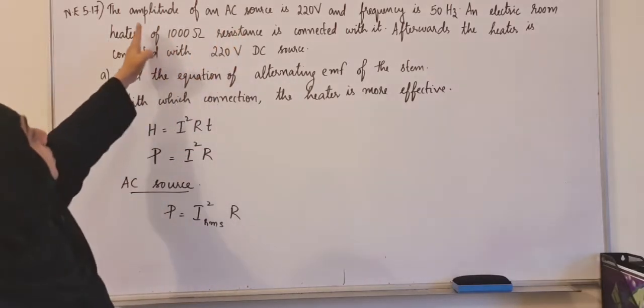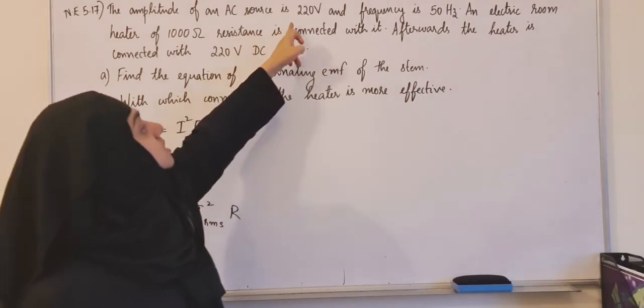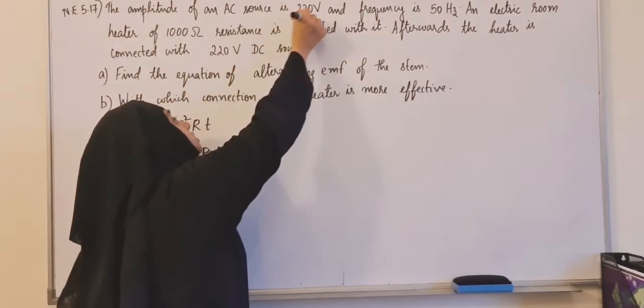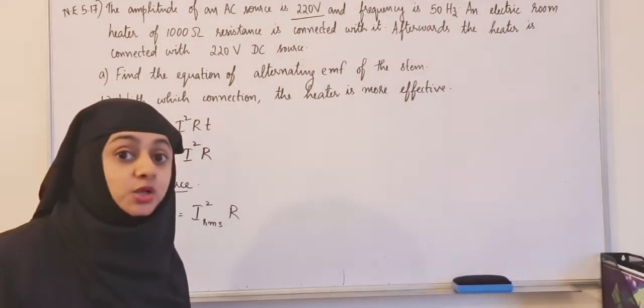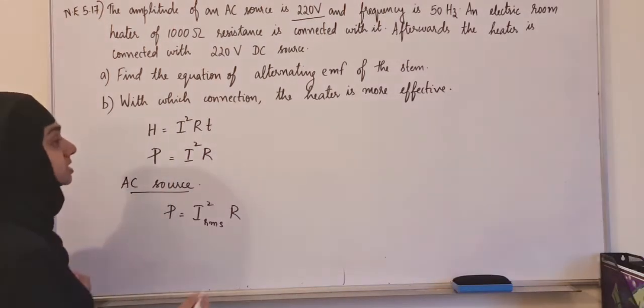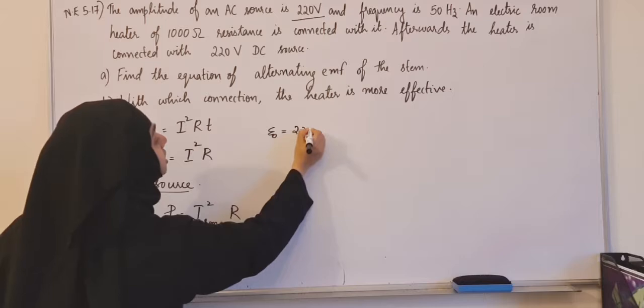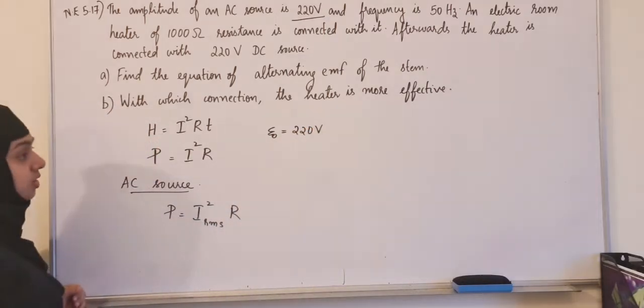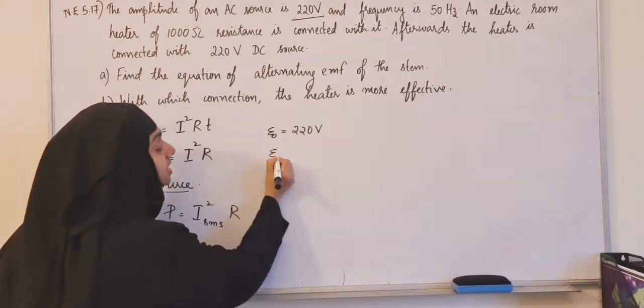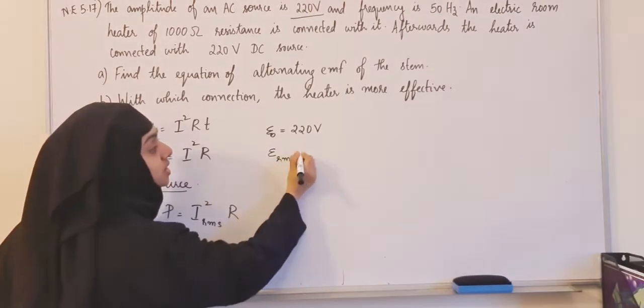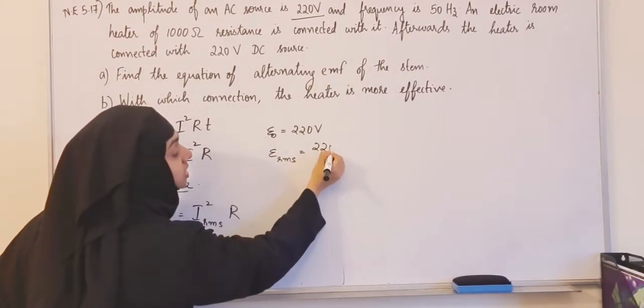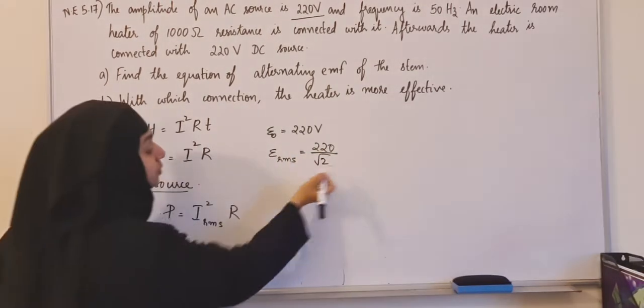No. The amplitude of the AC source is 220 volts. This is the peak value of voltage, that is E naught is equal to 220 volt. So we can find E RMS, which is equal to 220 divided by root 2.